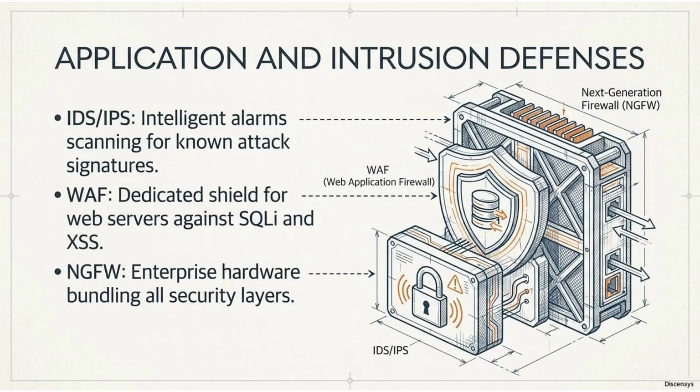Then comes WAF, which is a dedicated shield for observers against SQLI and XSS. And then comes NGFW, the enterprise hardware, bundling all security layers. You could try to understand one layer after the other also, right? You could also try to visualize through the image displayed here.